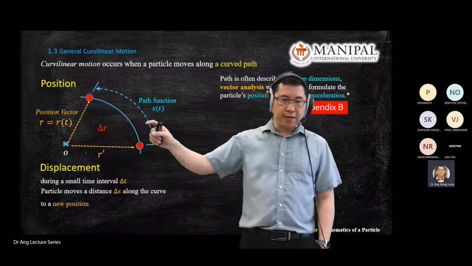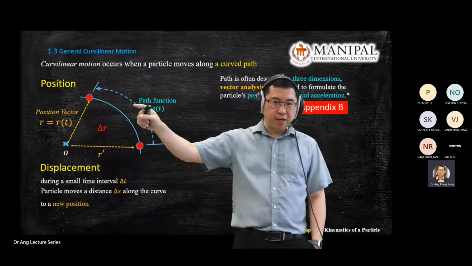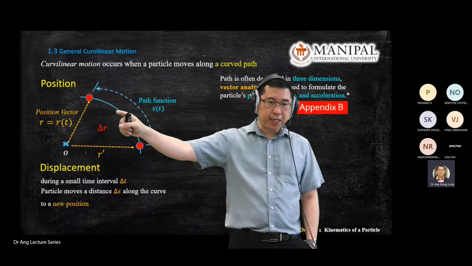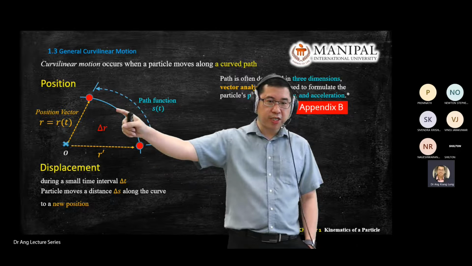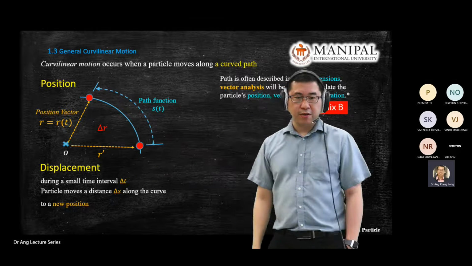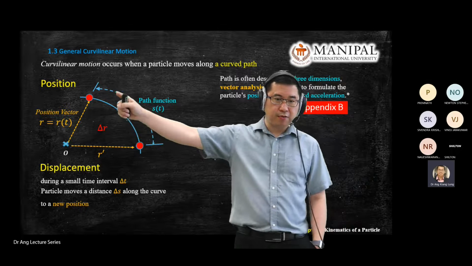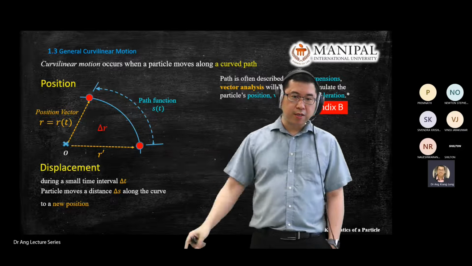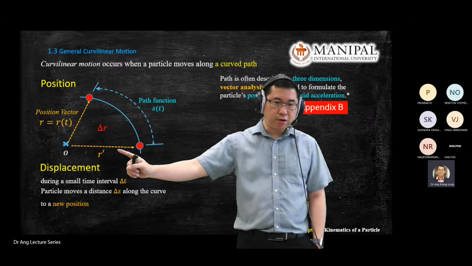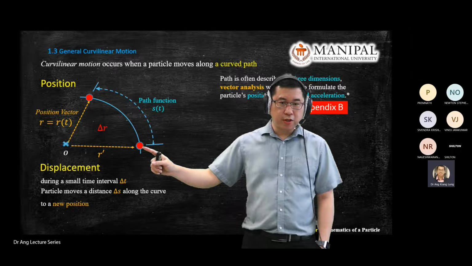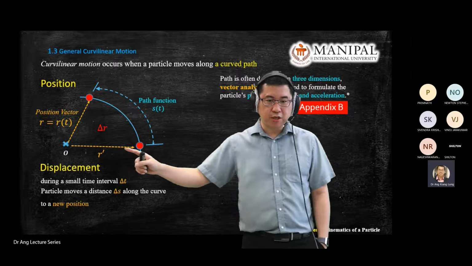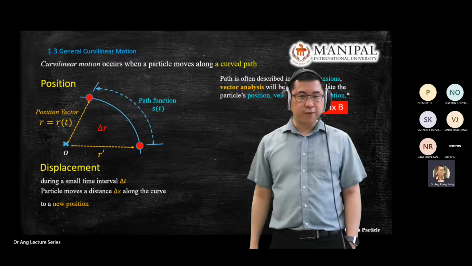And when you come to curved path, you need to add one more parameter, which is the change of radius, r, from here to here. So I will use r prime to denote the new radius position for the new position.